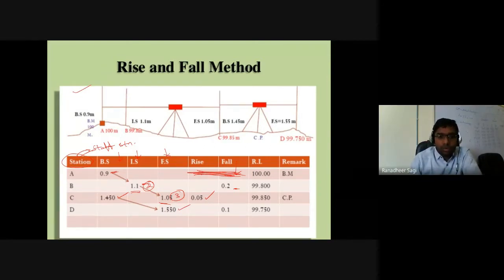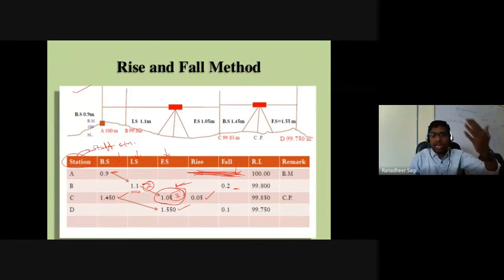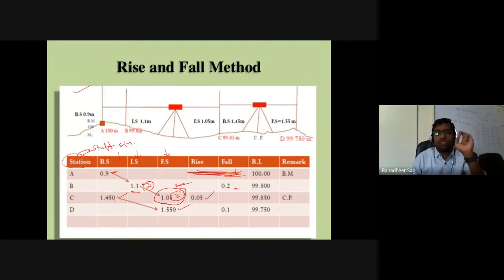So we end our discussion with this foresight data here itself, and once the instrument station is shifted, your rise and fall values will again be calculated with respect to backside minus intermediate sight or intermediate sight minus foresight. Never write your rise and fall values after reaching the foresight data.